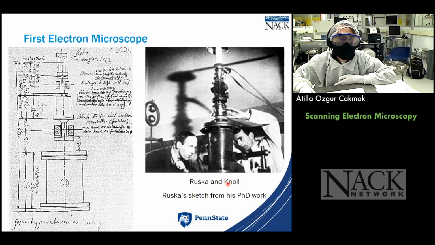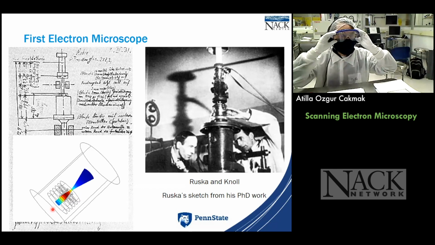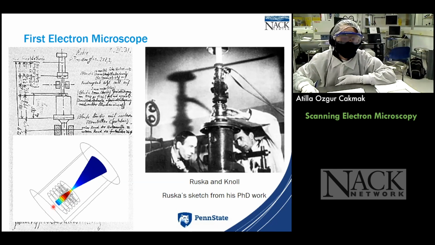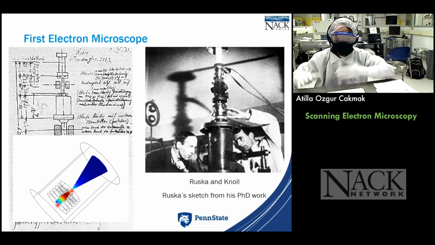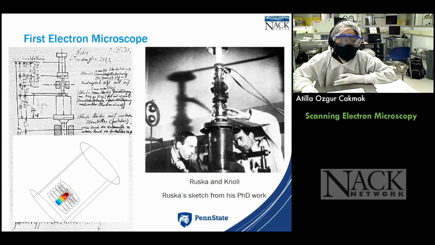So Knoll actually proposed several projects, and one of them was working on electromagnetic lenses. What are electromagnetic lenses? Just like the lenses that our glasses use, right? We're going to focus now, we're going to process the trajectory of the electron beam.